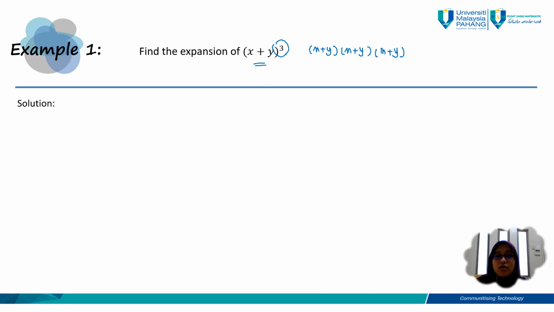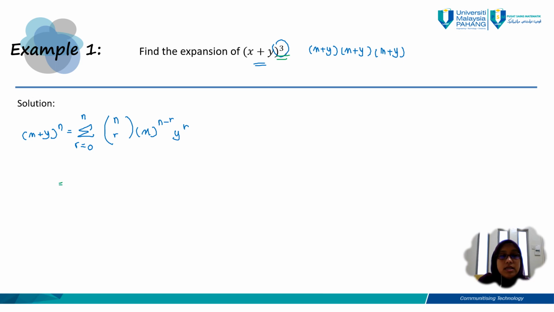So let's recall what the binomial theorem is. (x plus y) to the power of n is equal to the summation from r equal to 0 until n of (n, r) multiplied with x to the power of n minus r, y to the power of r. So from here, what is our n? n is equal to 3.